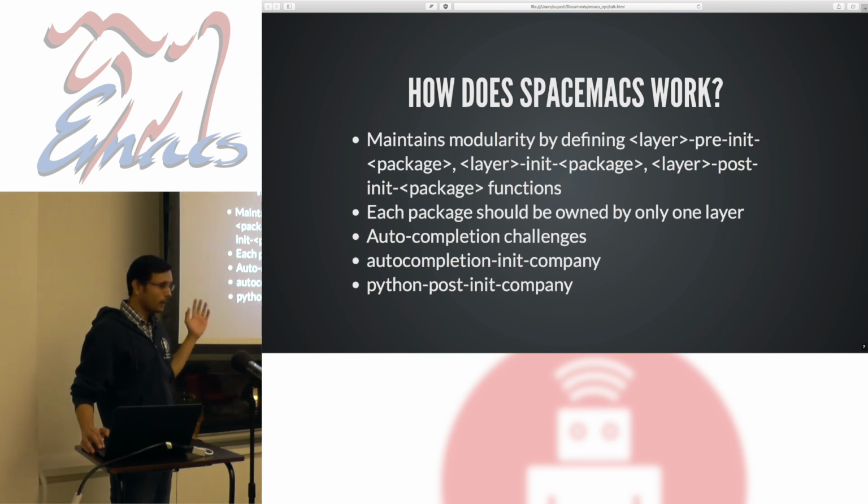And then when Python wants to use any features from company, it would define a python post-init company function. And this function will only get activated if the auto-completion layer is defined. So that's how Spacemacs maintains modularity.